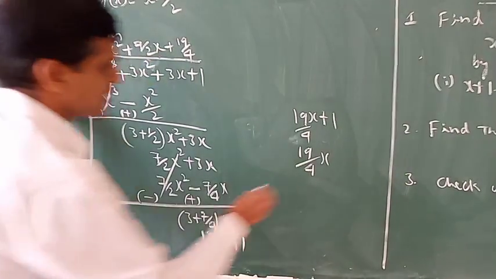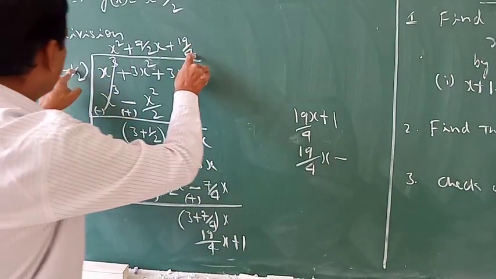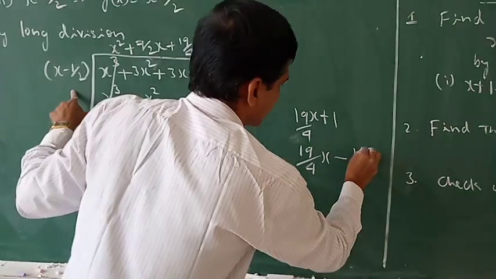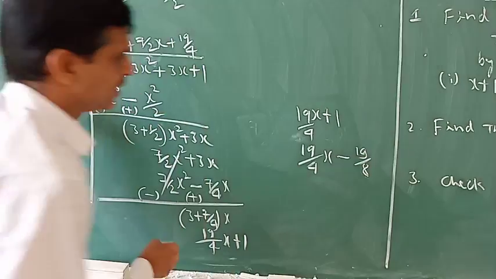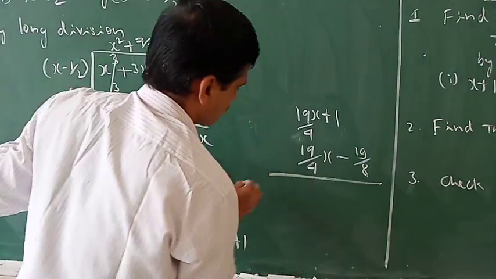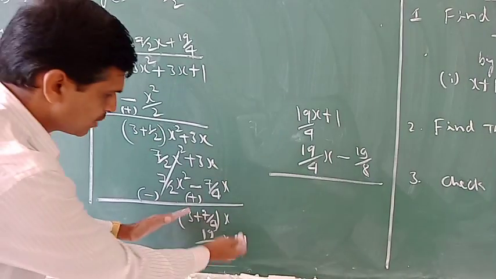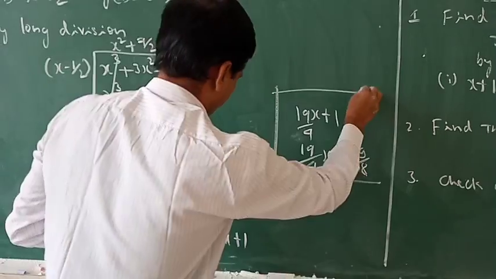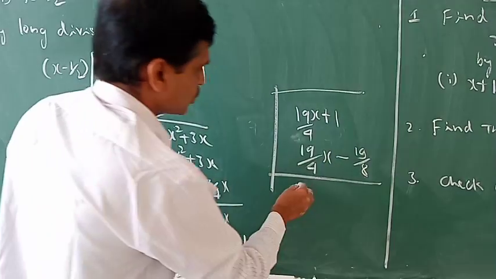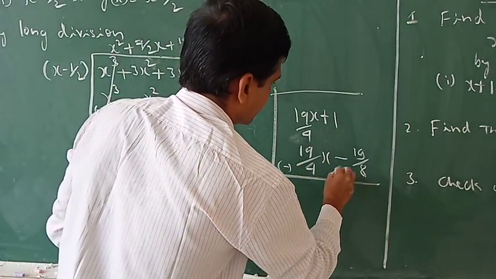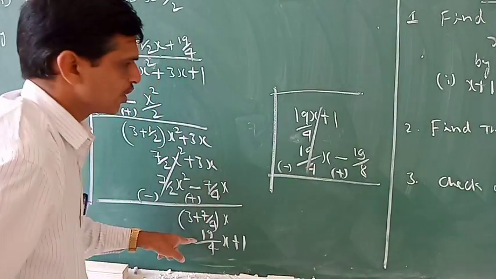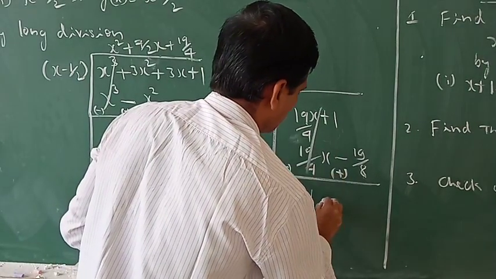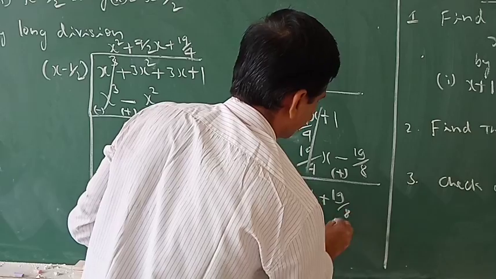So plus into minus is minus, and here 19 by 4 into 1 by 2 is 19 by 8. Now subtraction. So here changes. Here it is minus and here it is plus, so automatically this cancels out. What is left now? 1 plus 19 by 8.